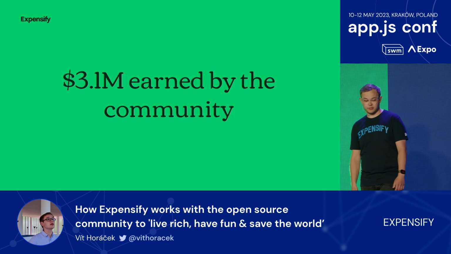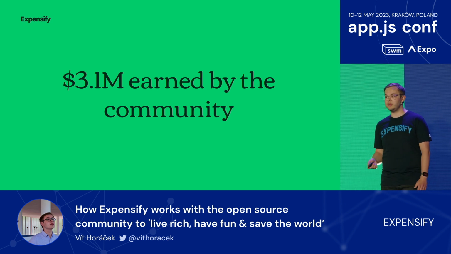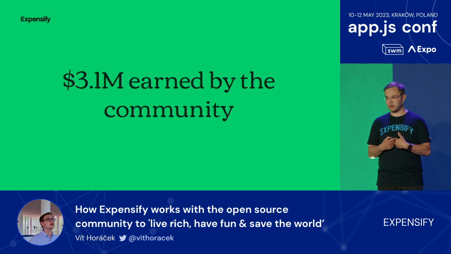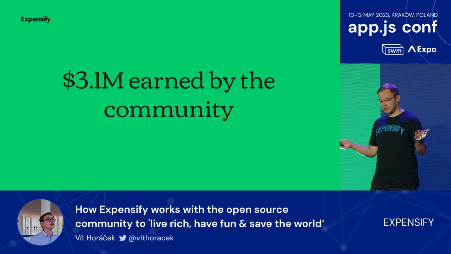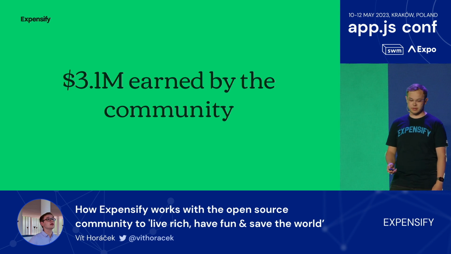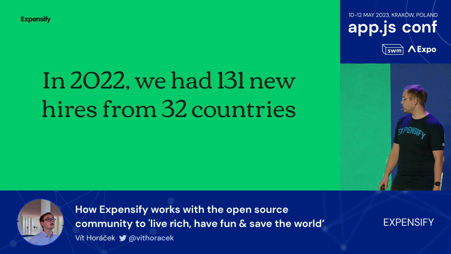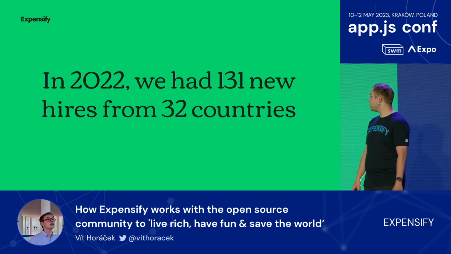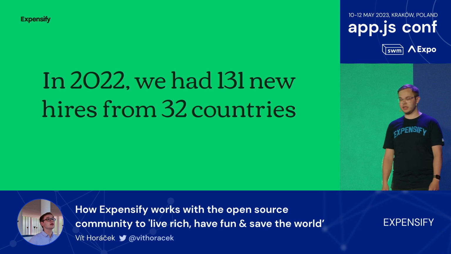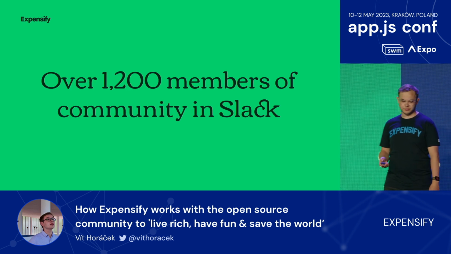This translates to over $3 million, which we have paid to freelancers and open source contributors for not only working on our code base, but also working on upstream fixes in React Native Web, and many other packages which we use. In fact, just in 2022, we hired 131 new hires from over 32 countries. It's amazing to see how quickly the community has grown so global.